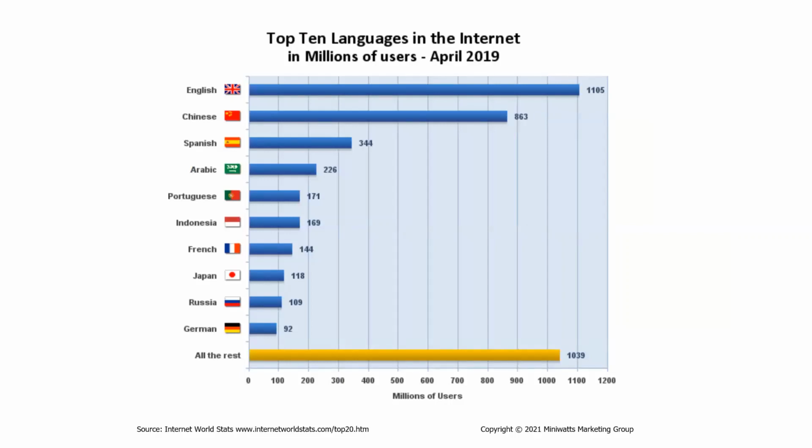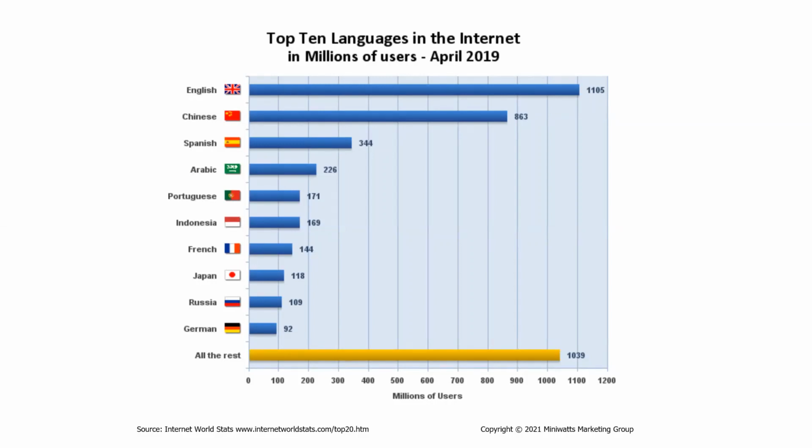And again, I may be preaching to the converted, but here are the top languages in terms of millions of users. So you'll see that English will get you so far, but in some of the markets, you really need to be paying attention perhaps to other languages.